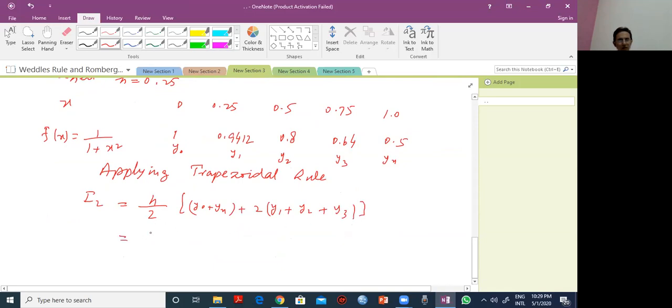So we put h as 0.25 for the second integral, and according to the method y0 is 1, yn is 0.5, plus 2 times y1, which is 0.9412, plus 0.8 plus 0.64. When we find it with the help of a calculator, I2 is equal to 0.7828.